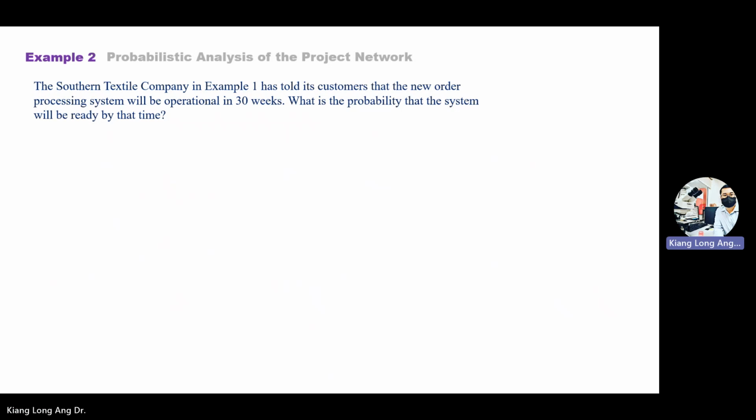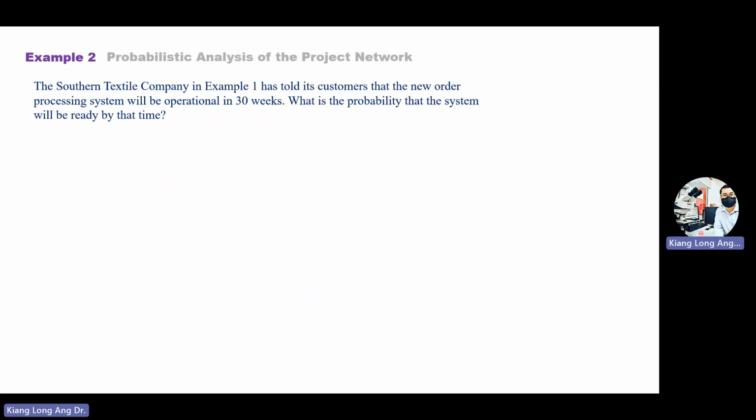Okay. So example number 2, the company in the previous example, you defined your critical path as 6.89 weeks. So it means that the longest time that you spend for the project will be 6.89 weeks. So now you want to take that data and negotiate with the customers.